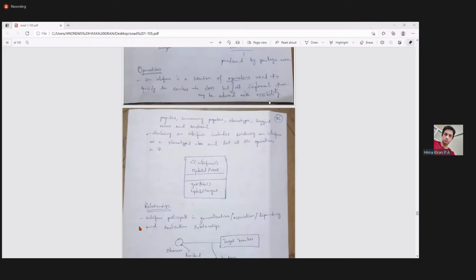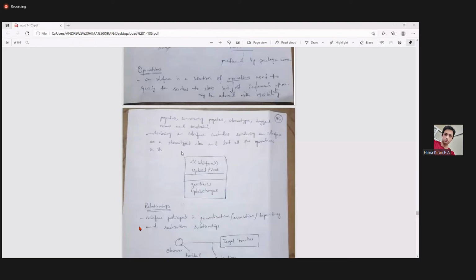In addition to these visibility markers, we need to go for concurrency properties like concurrent operations, and stereotypes, tagged values, and constraints. Tagged values provide additional information. Constraint specifies the rules, which rule we need to follow while representing or specifying the model.